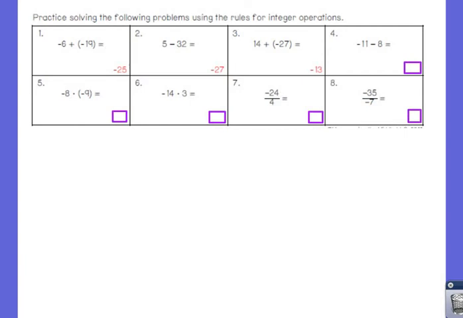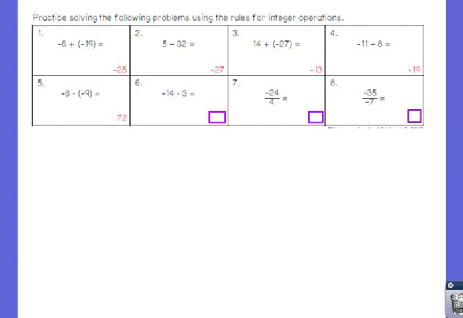Number 4, same or different? Same. So I add and keep, so that means my answer is going to be negative. Add them, and I get 19. Now I have some multiplication. I have 2 negatives. So is my answer positive or negative? Positive, 72.